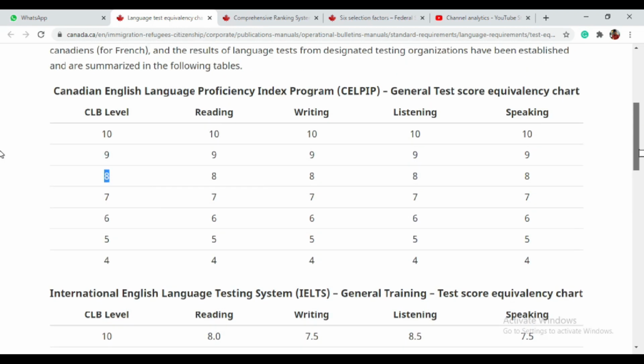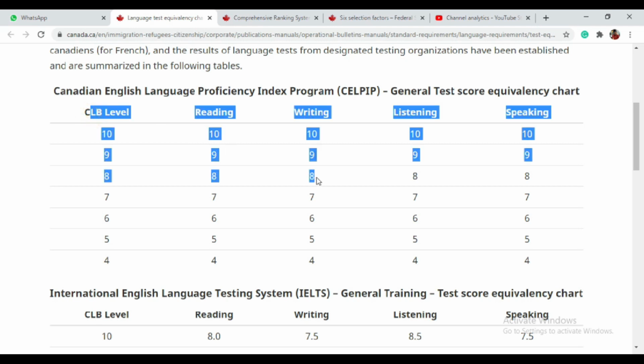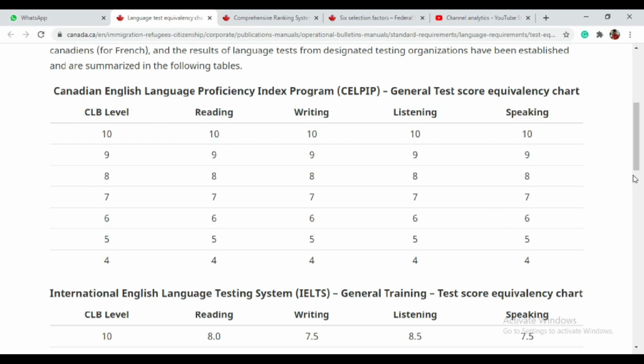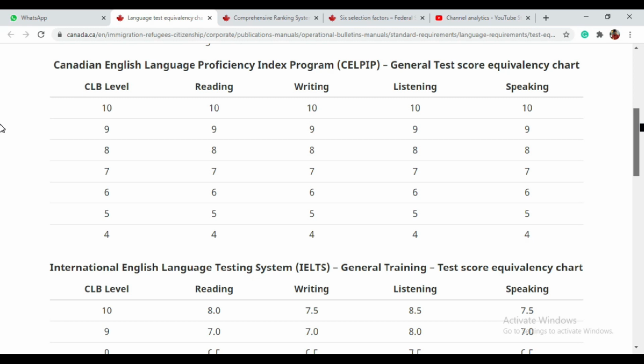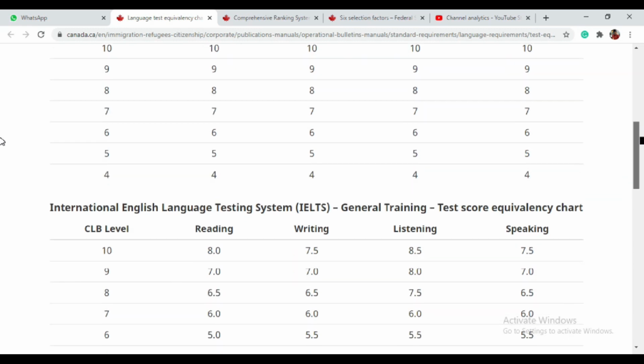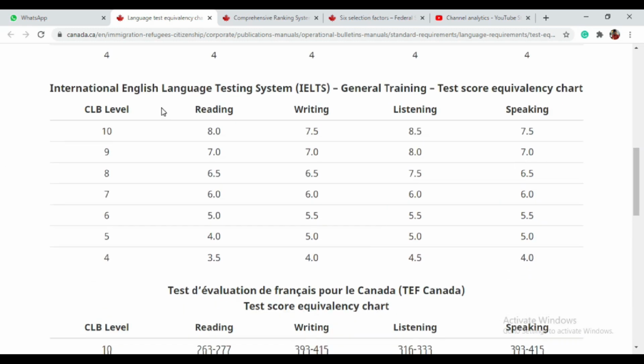So this chart is about CELPIP, right? Since in Pakistan we don't have the facility of CELPIP, we'll not be discussing that. And IELTS is actually the most common test that we use for English language testing, in Pakistan and India especially.